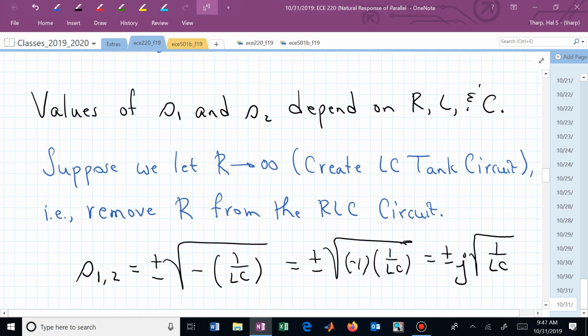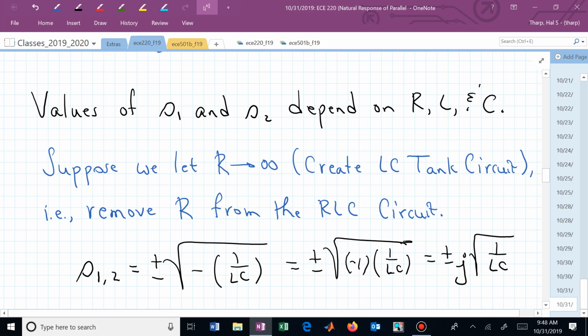That's all I'm writing down here, but we're in the know. We know how to play with the square root of minus 1. We know how to work with complex numbers. We just give it a J. So now those roots for this tank circuit are purely imaginary.